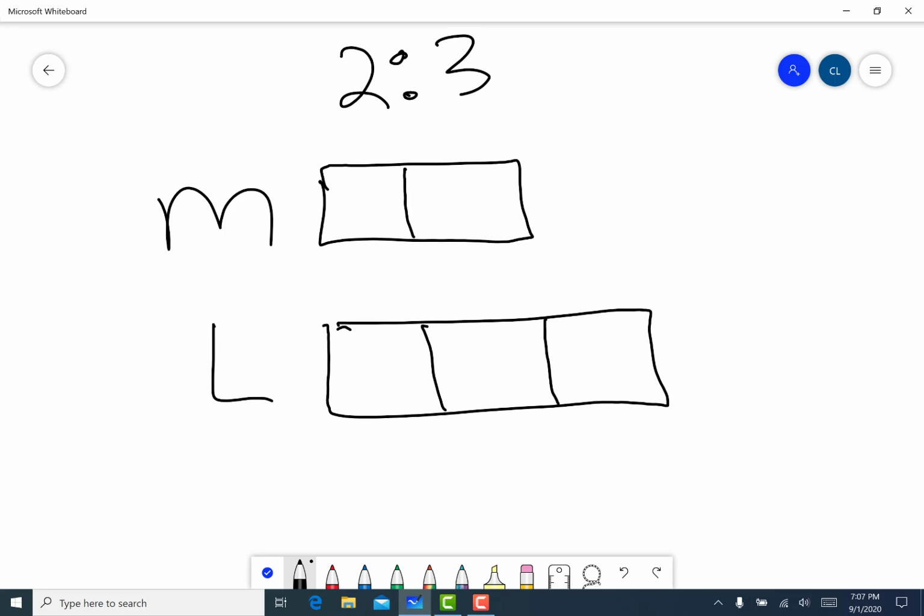I'm going to give you guys a hint to go ahead and draw what I have on this whiteboard right here. And then I'm going to tell you that we know these 3 boxes, it says Lainey ran 930 meters. We know that this equals 930 meters.